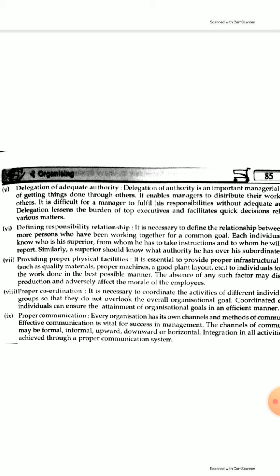When communication is proper between the different employees of the organization, it becomes easier for functioning smoothly. The changes and information go downward or upward very smoothly, and it will definitely lead to better functioning of the organization.